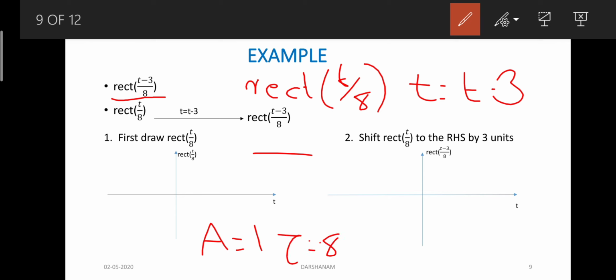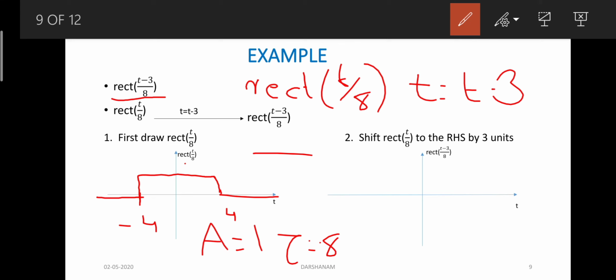So this tau will be equally divided along the axis, so minus 4 and 4 with one amplitude will give a rectangular function like this. Then the right hand side shifted version of rect of t by 8 by 3 units will give the answer of rect of t minus 3 by 8.